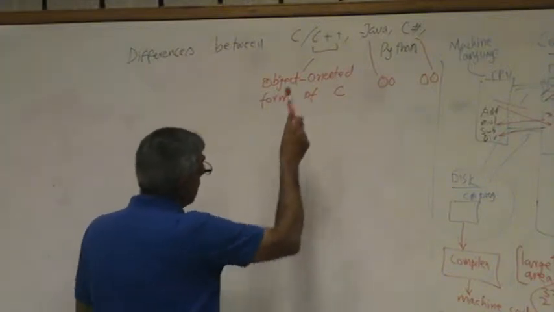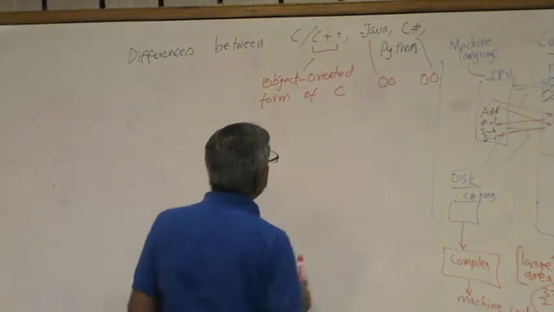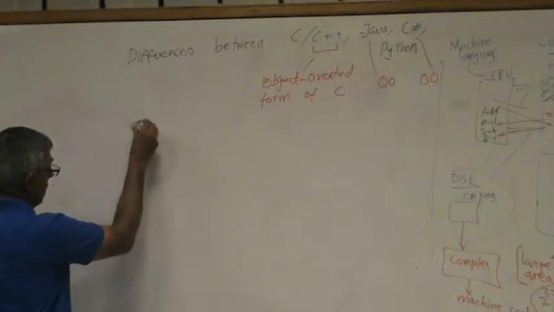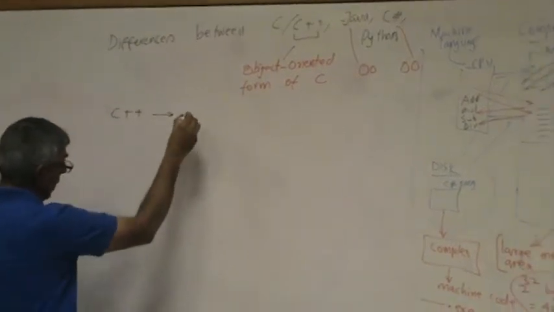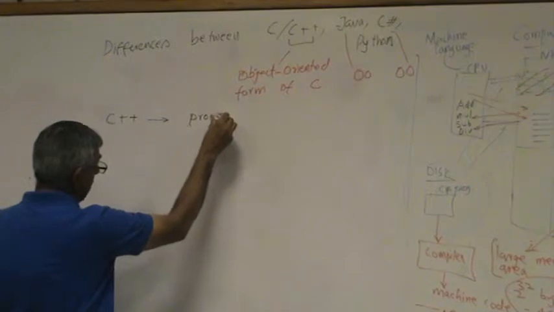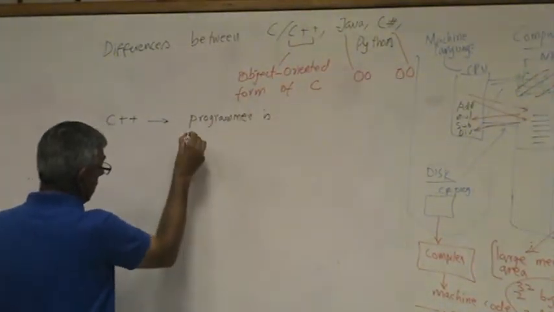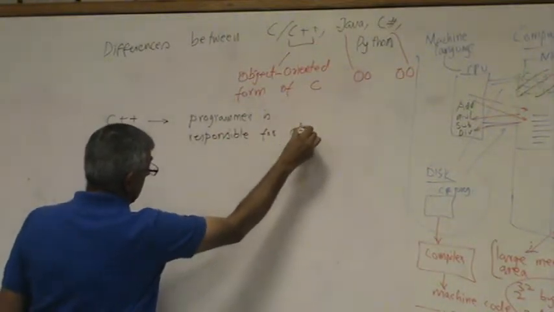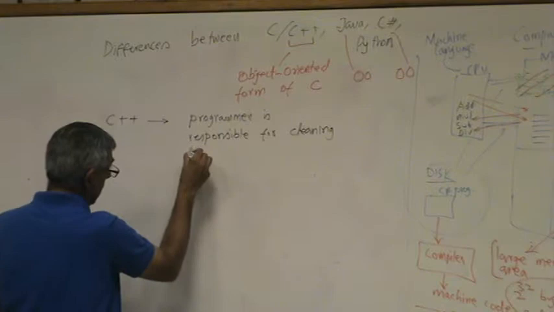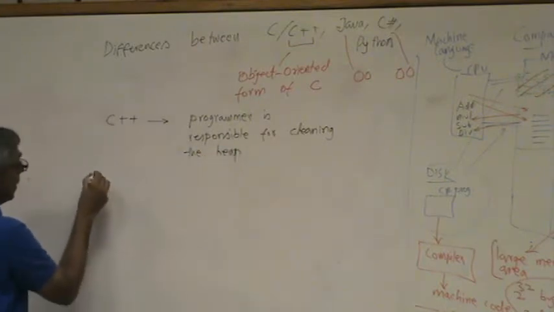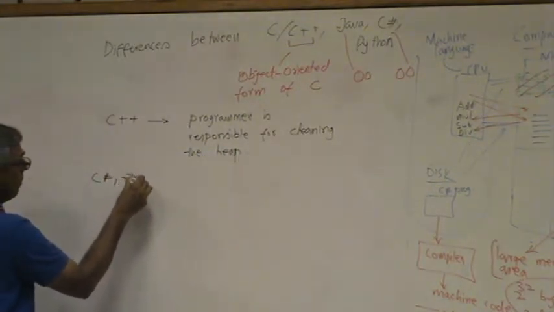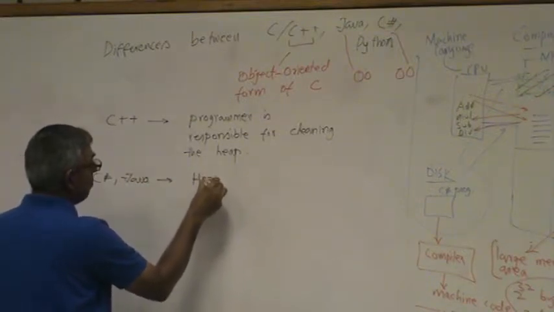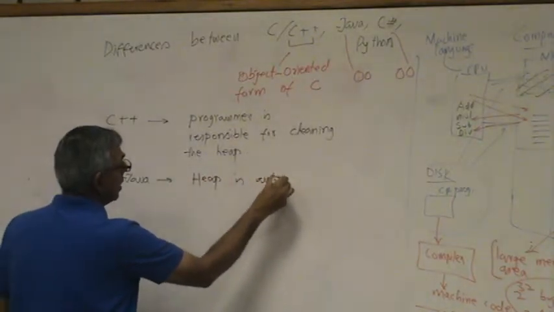So the question is then, what's the further difference between these languages, okay? As far as C++ is concerned, as I mentioned, the programmer is responsible for cleaning the heap. So that's one difference, okay? Whereas C#, Java, Python, and so on, heap is automatically cleaned.